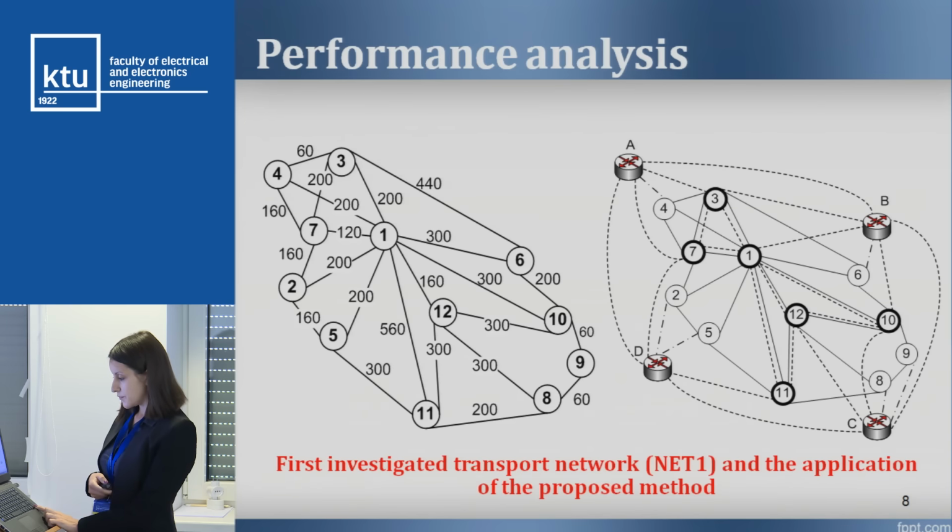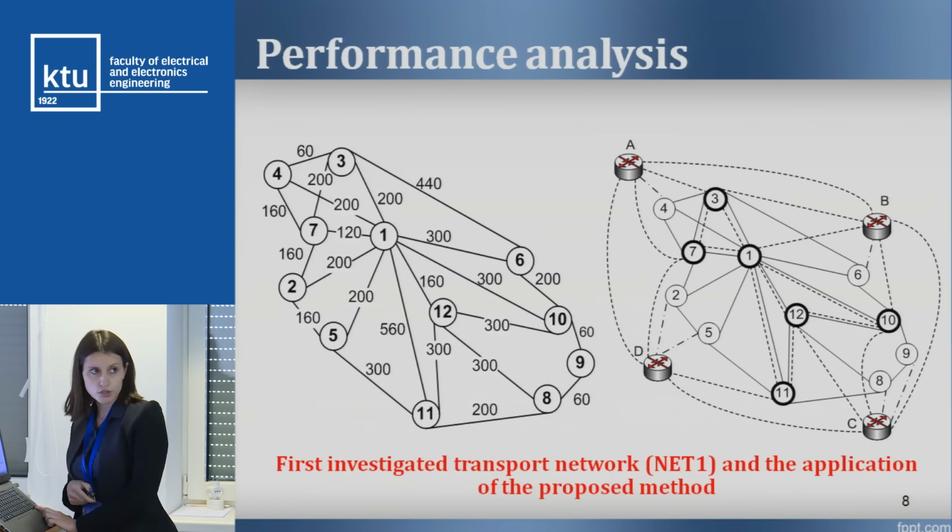Here we started with the simulations. This was the first, smaller network where, using our method, we built in 6 signaling controllers and 4 proxy routers, analyzing node degrees.